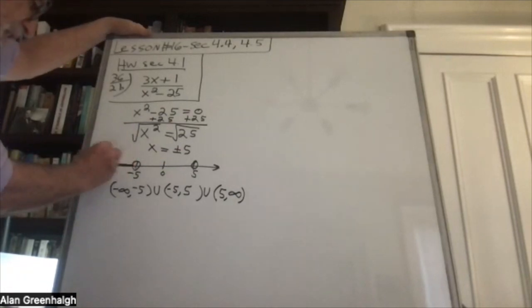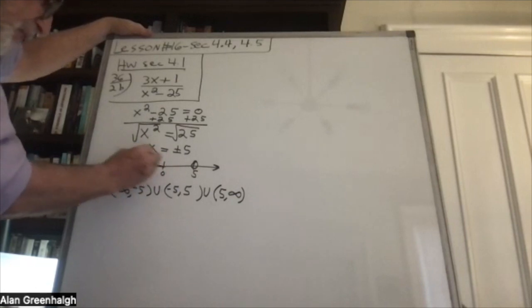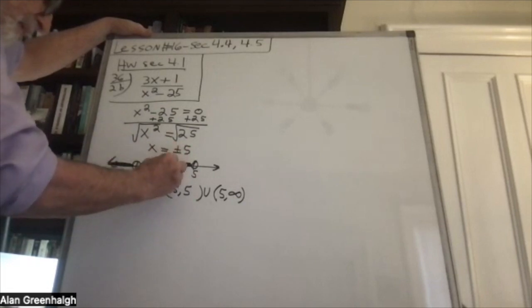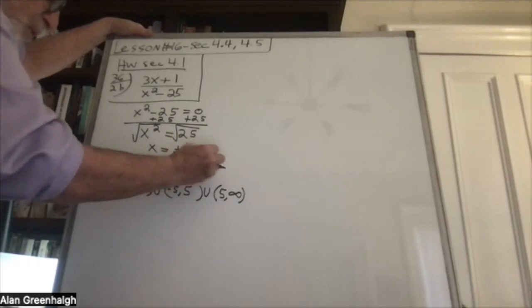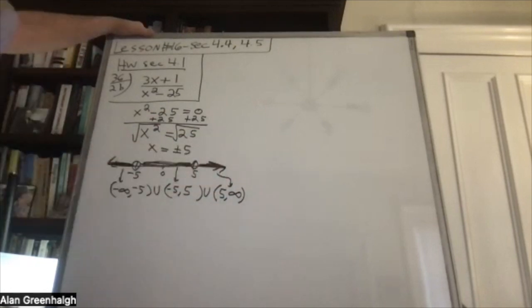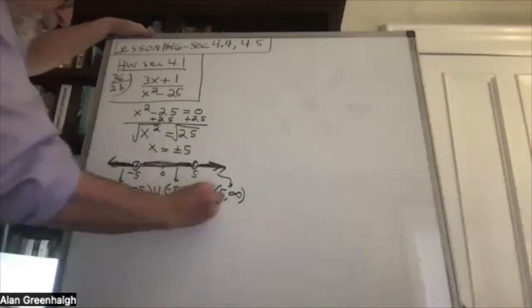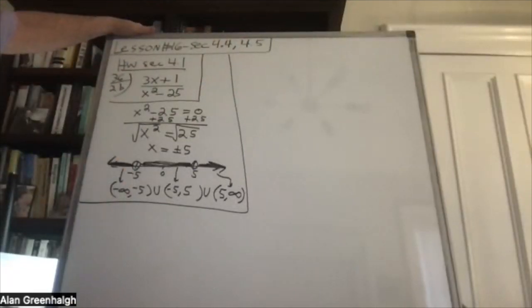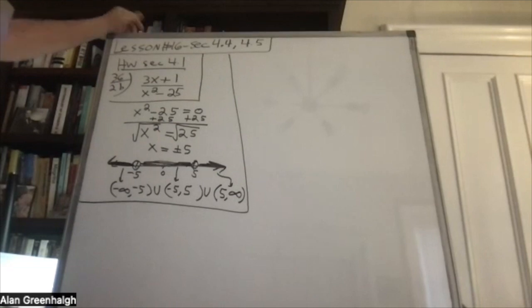It's this area in that direction, that's this part. It's this area in the middle, which is this part. And then it's this part over here, which is that. And that's the domain of the function. If you were just answering the question, though, the question would be that the fraction is undefined when x is equal to +5 or -5.